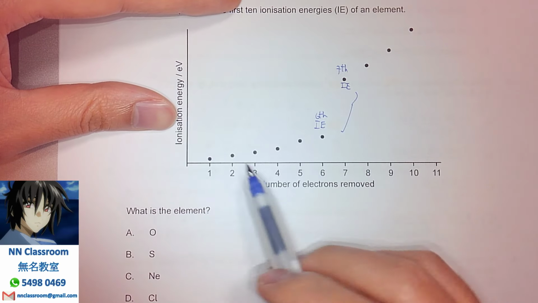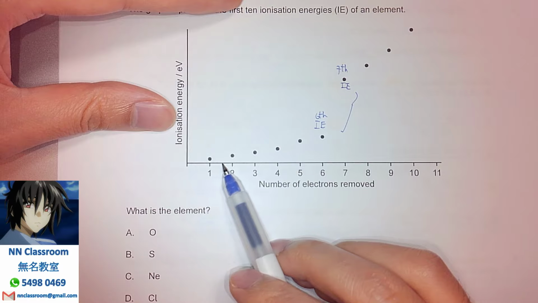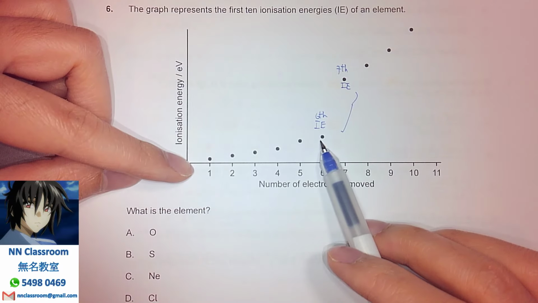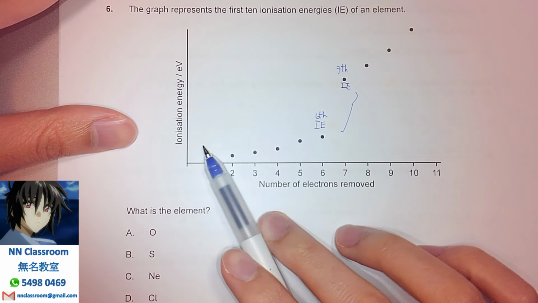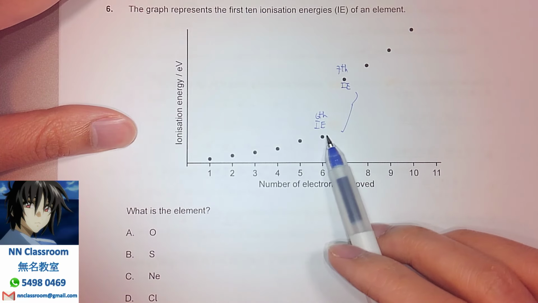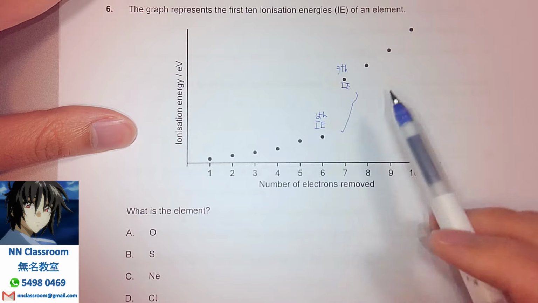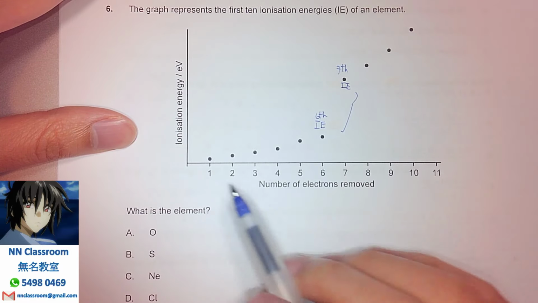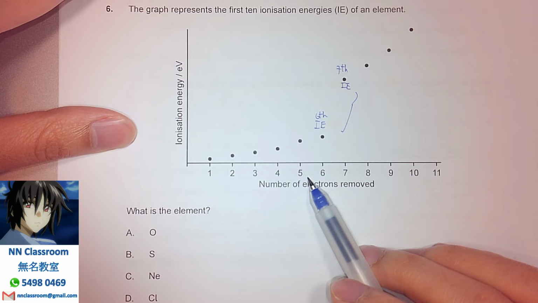Why? Because you can see the first 6 successive IEs, that means the first 6 electrons being taken away, have almost the same or roughly the same energy requirement compared to the 7th, 8th, 9th, and 10th, right? So the first 6 electrons are within the same main energy level, but obviously different sublevels.